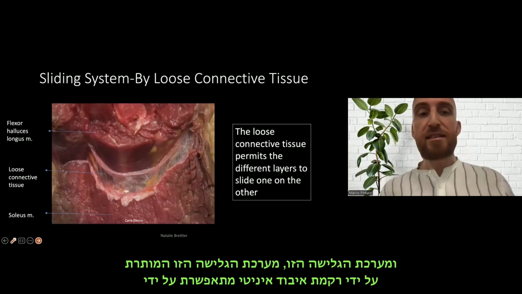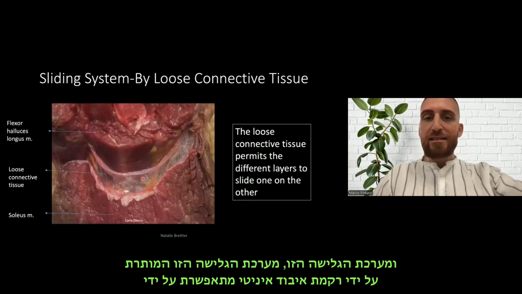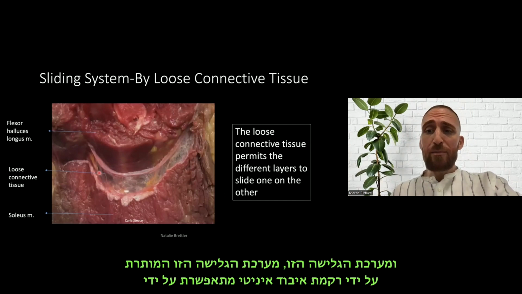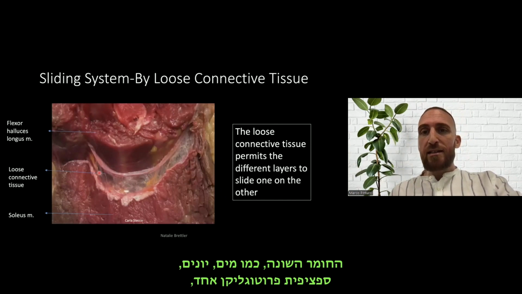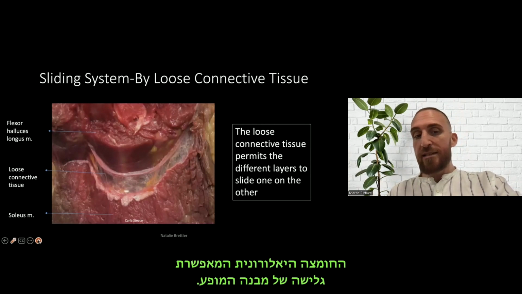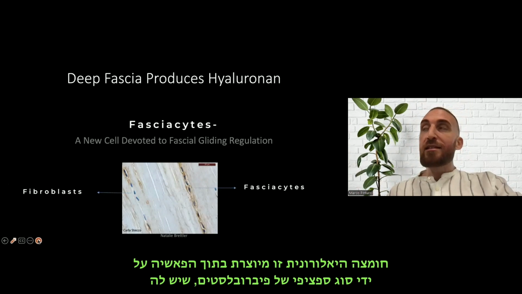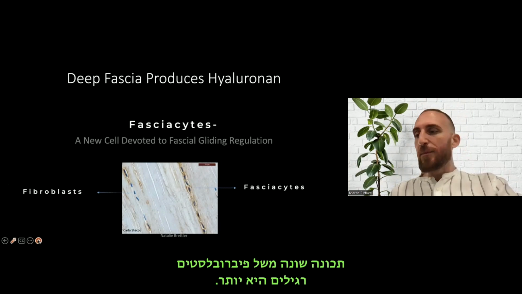This gliding system, allowed by the loose connective tissue, is made possible by different substances such as water, ions, but specifically one proteoglycan, hyaluron or hyaluronic acid, which allows the gliding of different structures. This hyaluronic acid is produced within the fascia by a specific type of fibroblast, which has different features from a normal fibroblast.